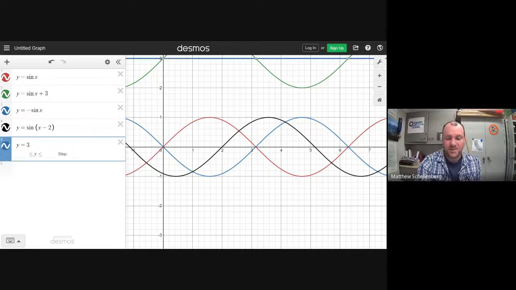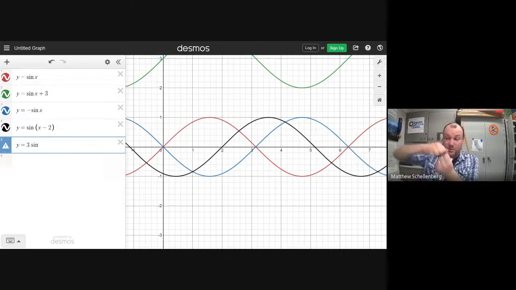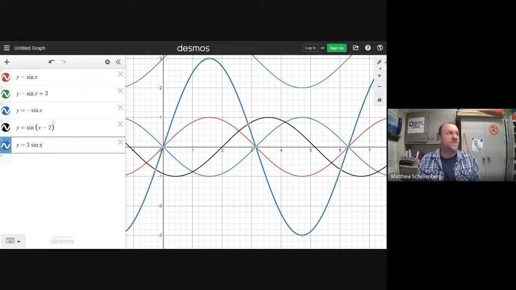And what this will do is it will stretch it vertically by a factor of 3. So you still have the same period. It still takes 2 pi to go from 0, 0 to 2 pi comma 0, right? Just like the red line, it takes 2 pi, but the amplitude is different.